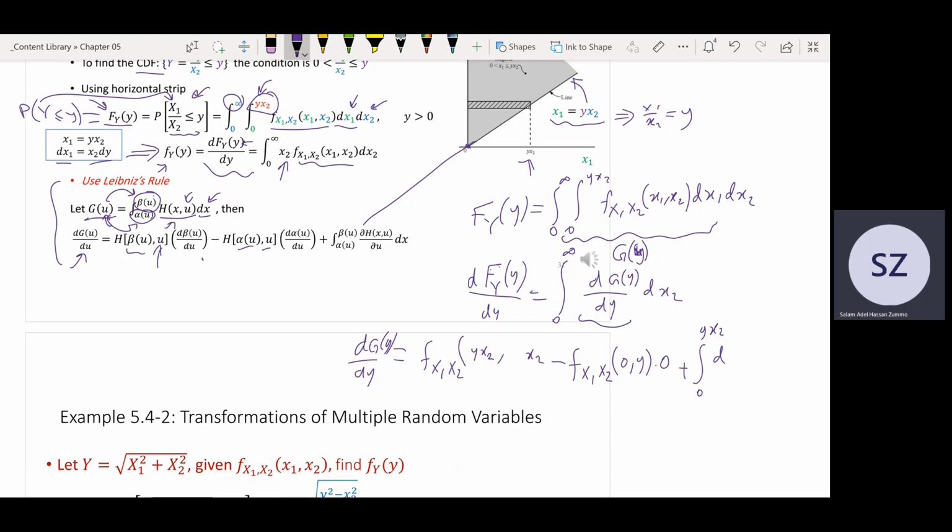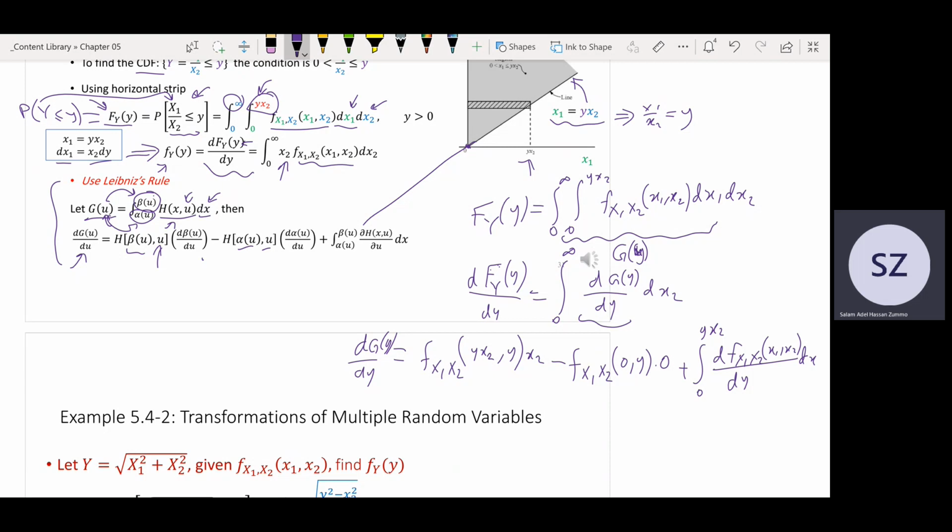Which is the limit, and then u, which is y, but multiplied by the derivative, which is x2, minus, and then here the derivative of whatever is inside, f(x1, y x2), with respect to y, and then the dx2 dx. Okay.